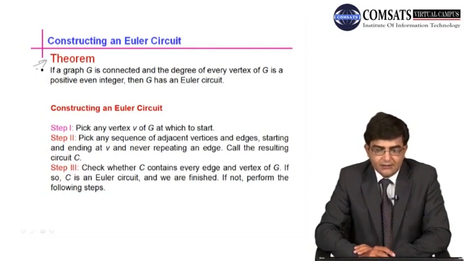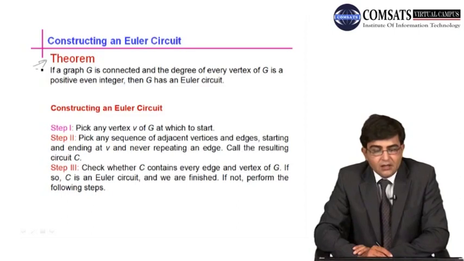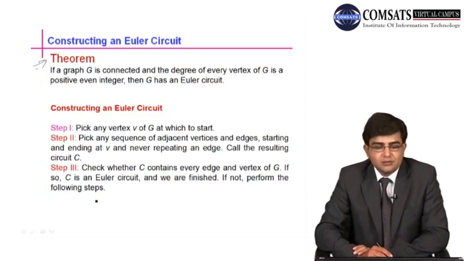Now this completes the information which we need to know whether there is an Euler circuit in a graph or not. Now the question is how to construct an Euler circuit in a graph. There are 3 major steps which we have to follow to construct an Euler circuit.